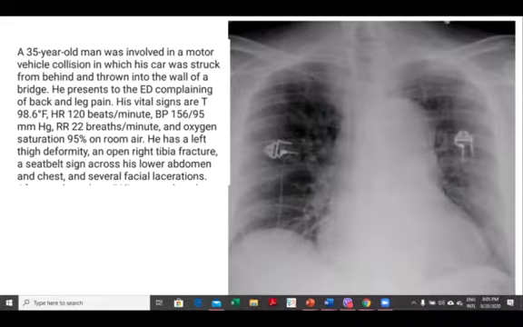He has left thigh deformity and open right tibia fracture. So see this X-ray and tell me the findings, in 30 seconds.